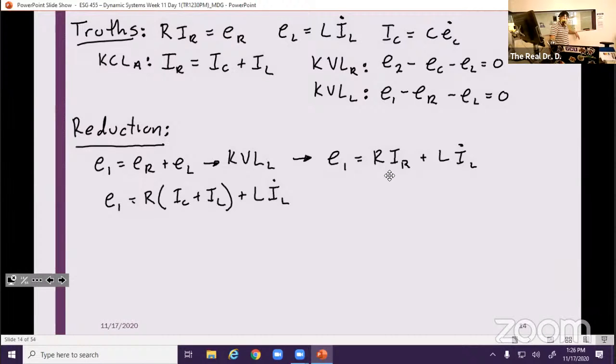But I can maneuver this a little bit, right? Because I have an equation for I_C. So E1 is equal to R times (C E dot C plus I_L) plus L I dot L.